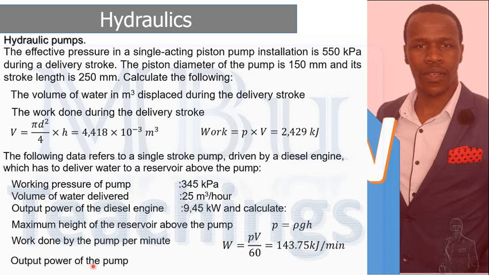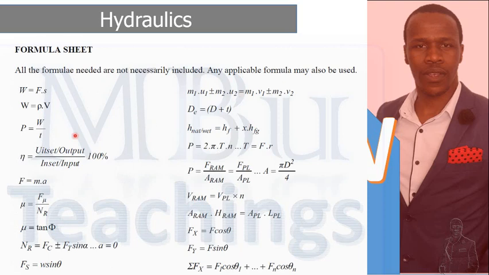Then we want the output power of the pump, not of the diesel engine. So it's the output power of the pump. So the formula for pump, let's just check the formula for pump just in case we don't know it. It's here. It's work done over time. So we can say pressure times volume divided by time, because work done is equal to pressure times volume.